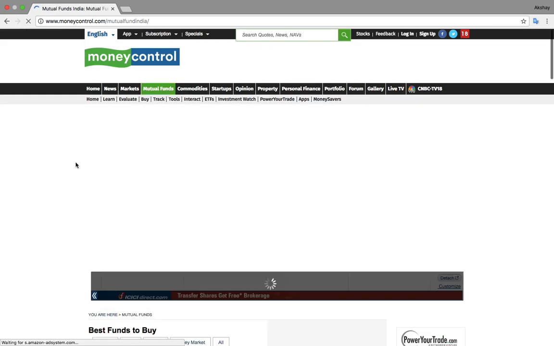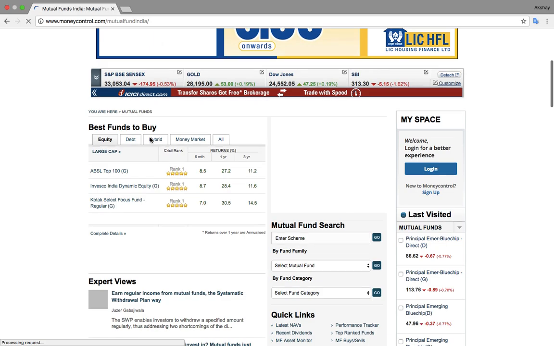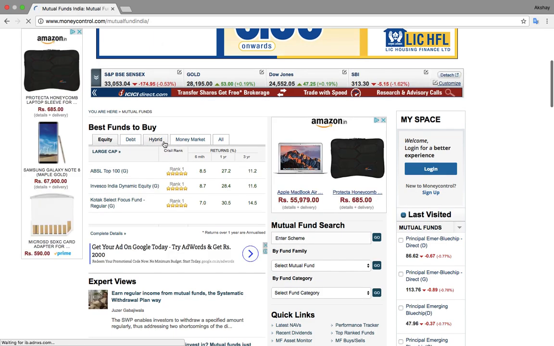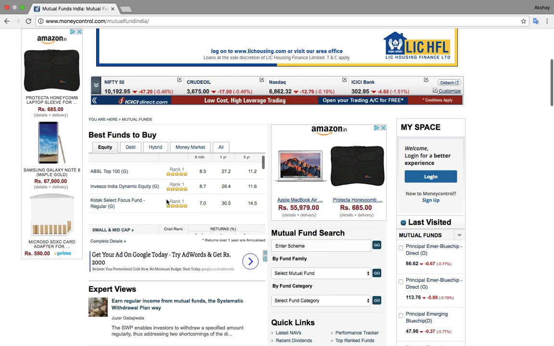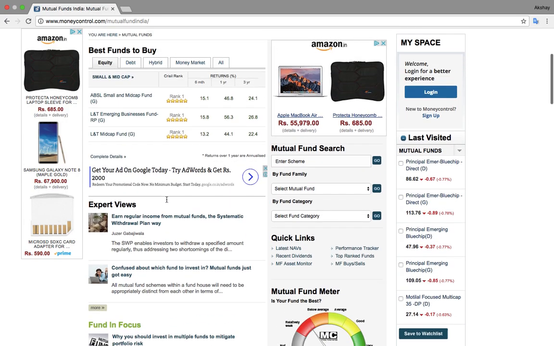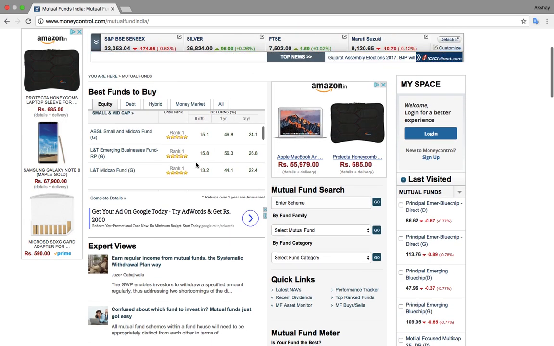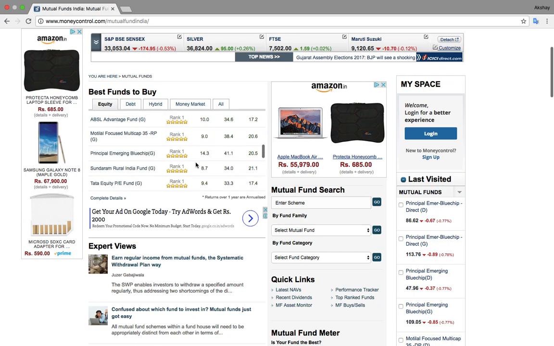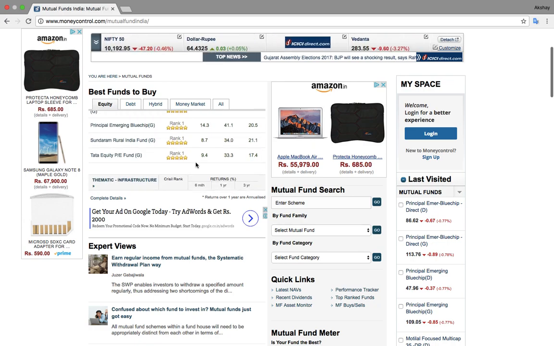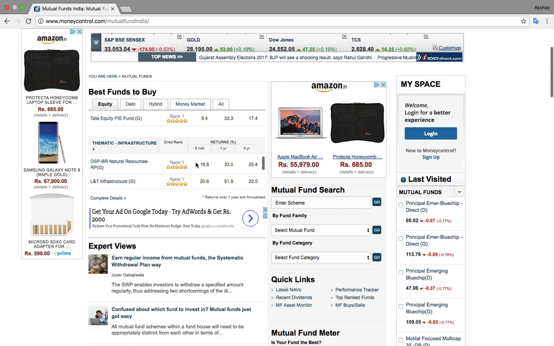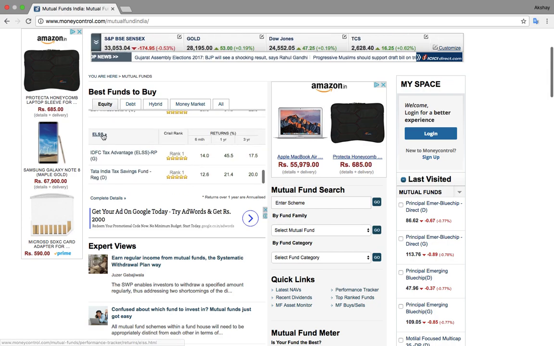See, there are these categories: equity, debt, hybrid, money market, and all. In equity, there are large cap, small and mid cap, diversified. There are many more other categories. Whatever I have told you right now, it's about basics, okay, and ELSS also.